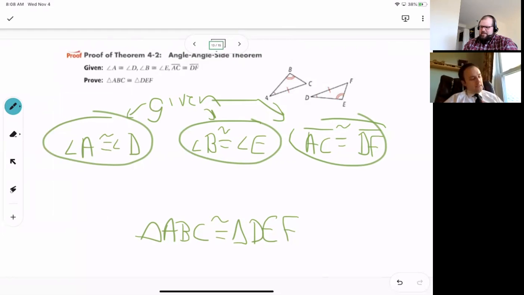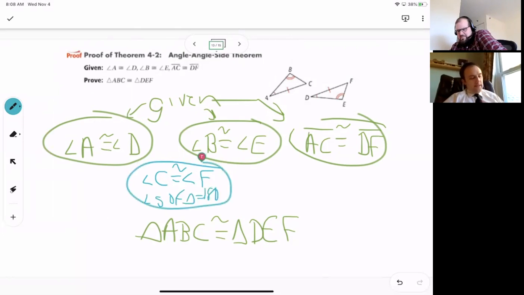I mean, I think I would just say, okay, we know C has to be the same as F, because of angles of triangle equal 180 or something like that. Sure. And I would just put that. And that would allow us to add a third piece to these, C and F. And then we have the angle, side, angle idea.